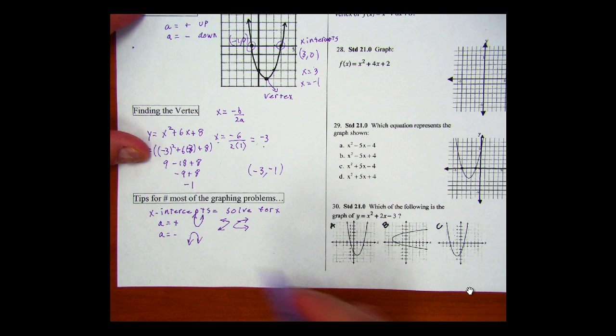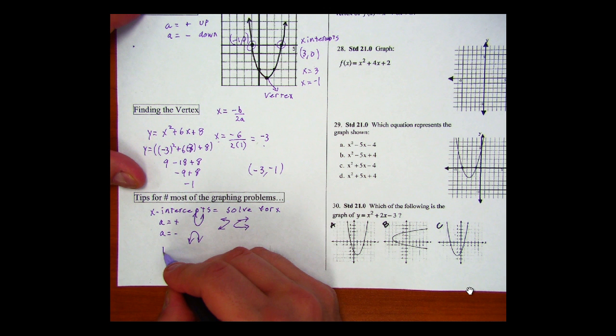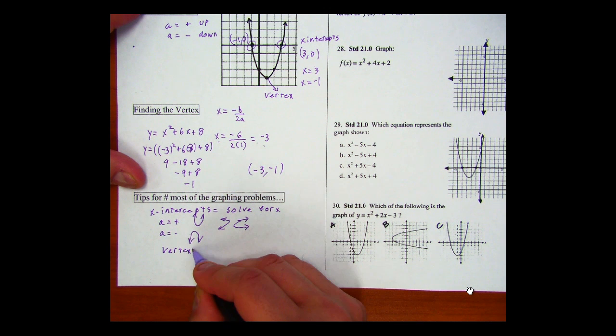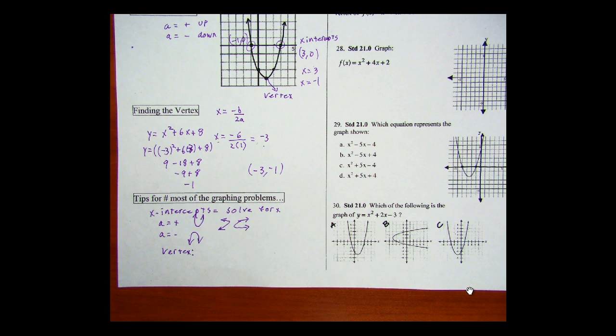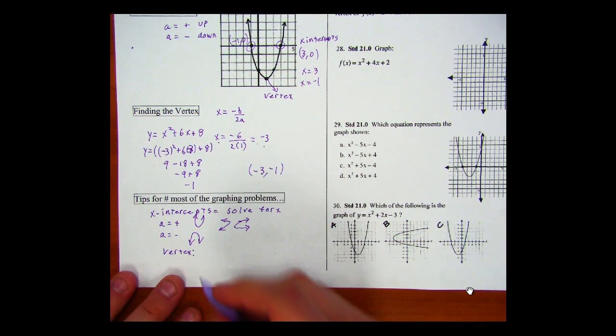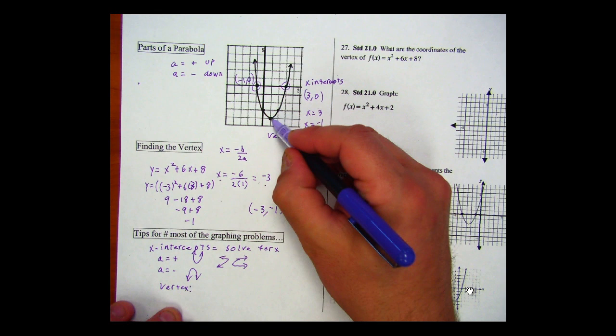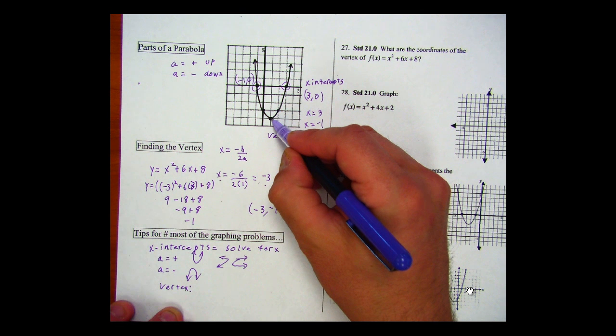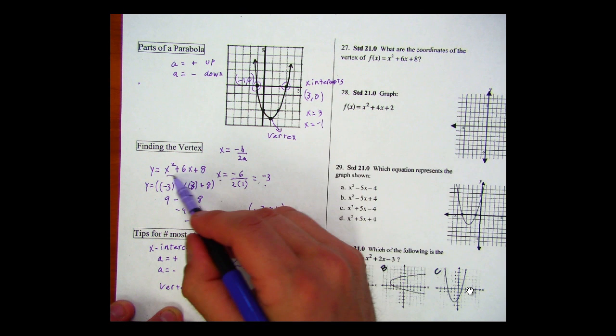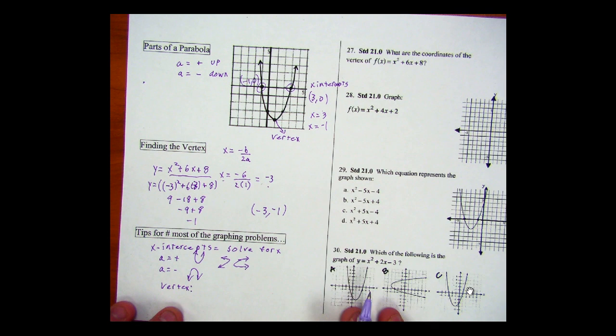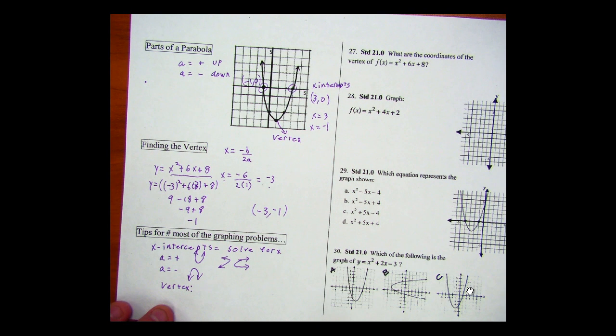And one of the last biggest tips is to be able to find the vertex, because usually the vertex is different for all the graphs. If you can locate the point that's the vertex and then find the vertex using algebra, try to match those up, and then you've got your correct answer.